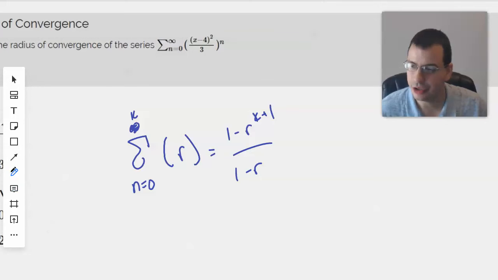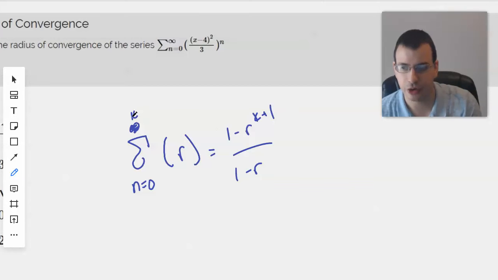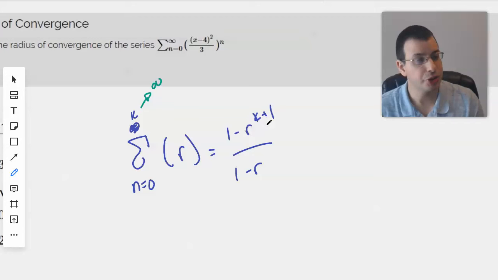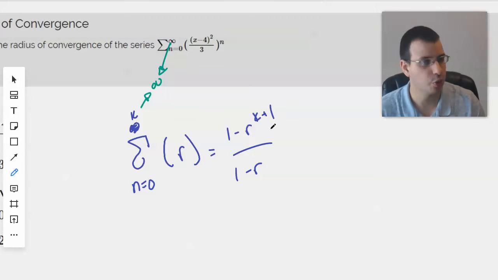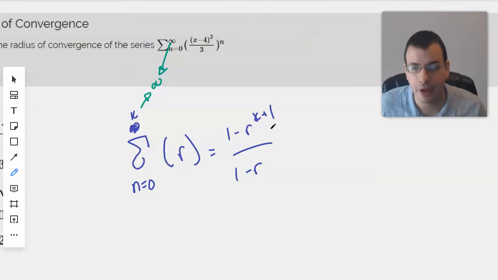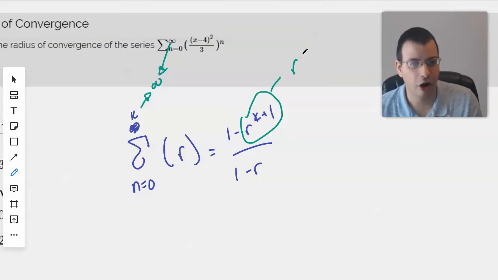The only way that this equals a number that's not infinity is when k goes to infinity. So k plus 1 is infinity plus 1, which is still basically infinity. And the only way that this then doesn't equal infinity is if r is less than 1.